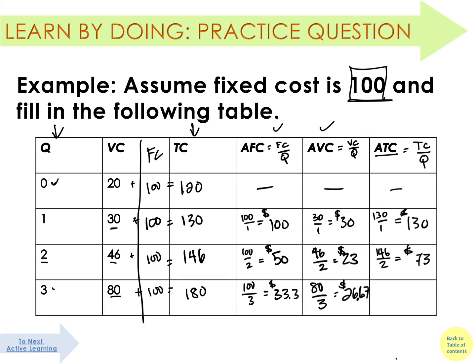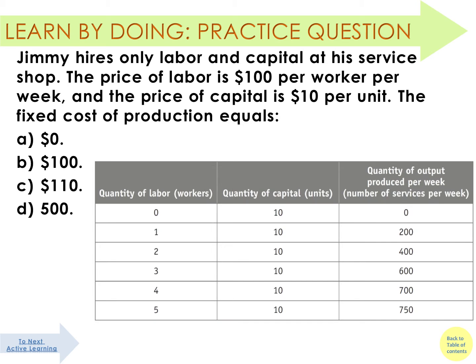Notice that if we do that, 100 plus 30, we get 130. 50 plus 23, 73. So choose your favorite way: calculate total cost over quantity, or add up average variable and average fixed.